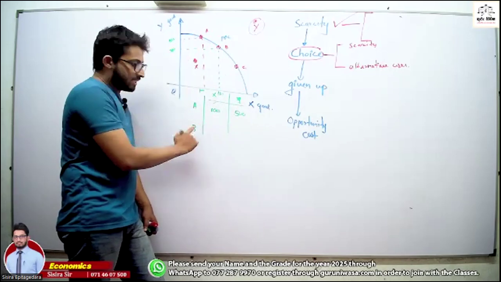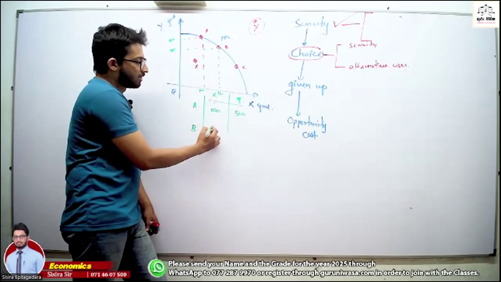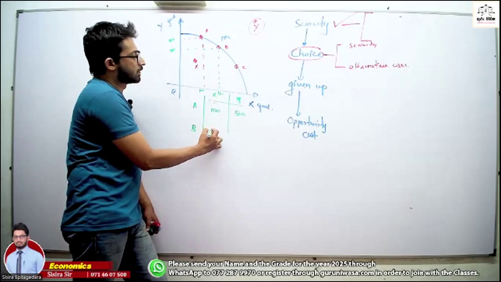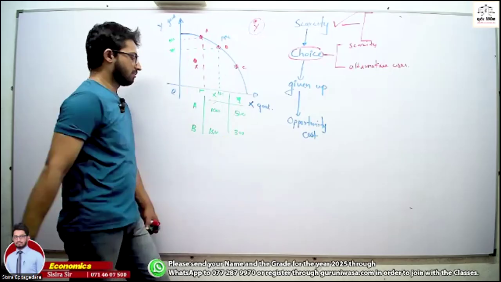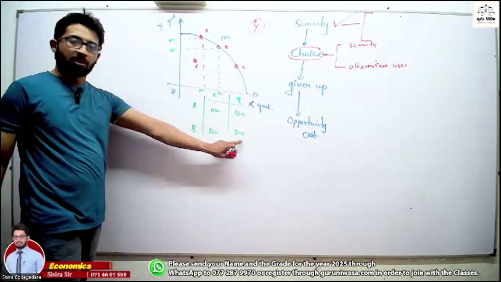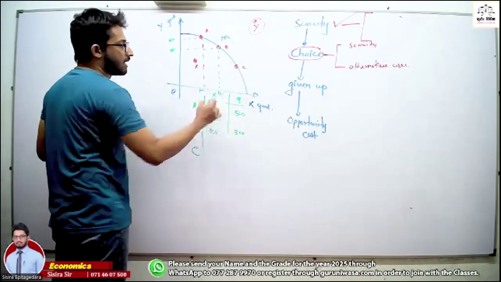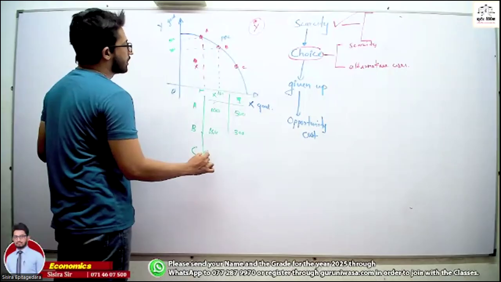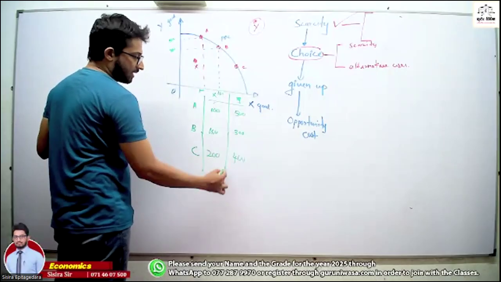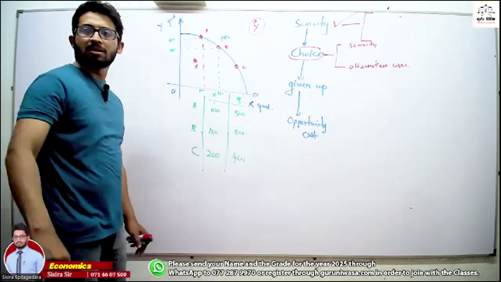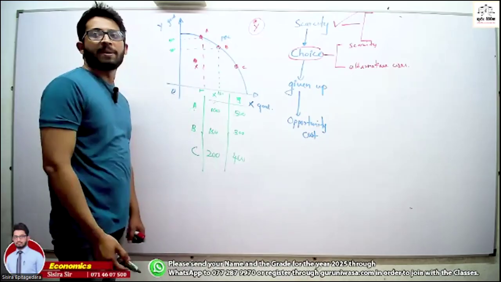If you decide to work on point B, you can produce 150 units of X and 300 units of Y. Or else the economy can work on point C. At point C, assume X production 200, Y production 400. These are the alternative options, like your subject streams: commerce, art, maths. But we have to choose one of them.